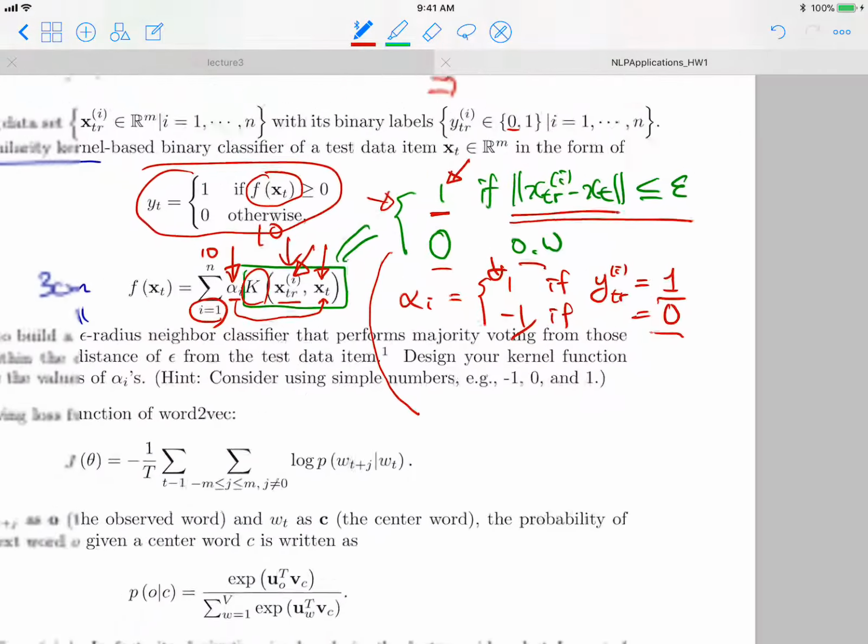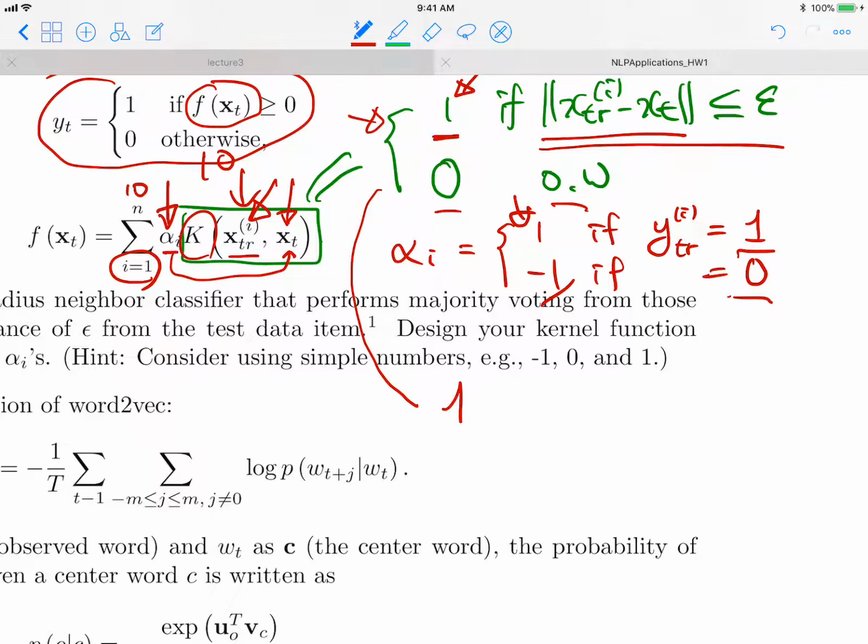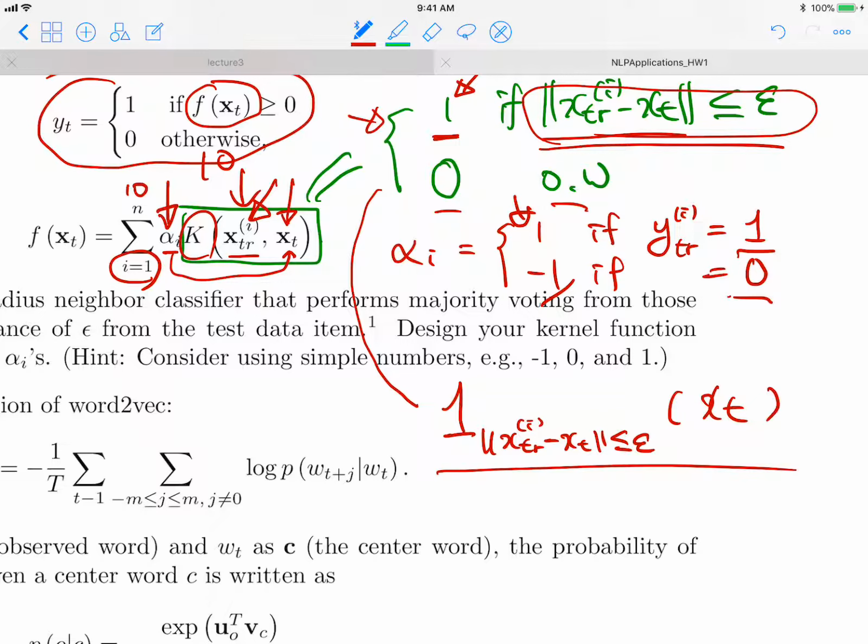We bring this condition over here. What is the input? The input is xt, right? So we can cleanly express the definition of this kernel function mathematically like this.